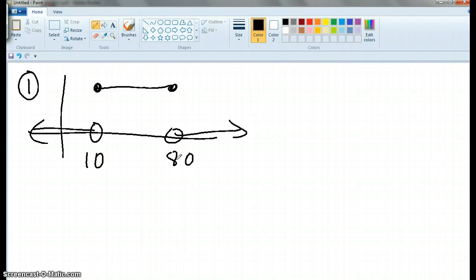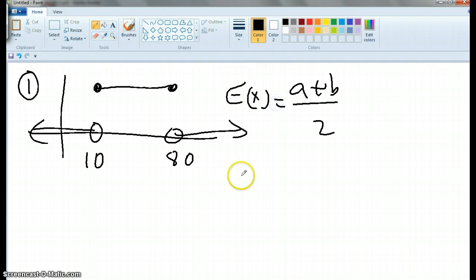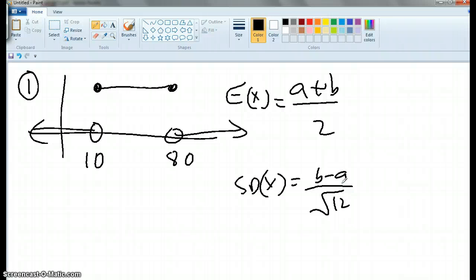So the mean, a plus b upon 2, is our mean or expected value of x, and our standard deviation of x is going to be b minus a upon the square root of 12. So all we really need to know is a and b, and a and b.